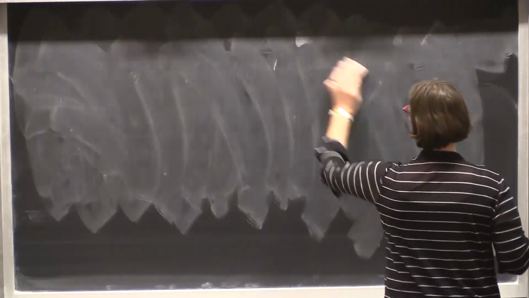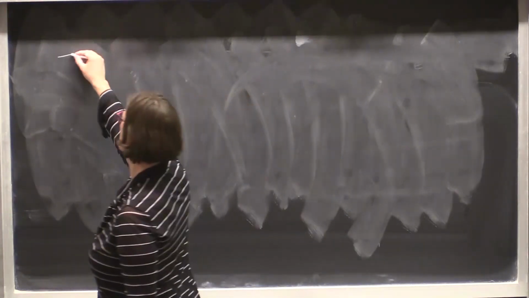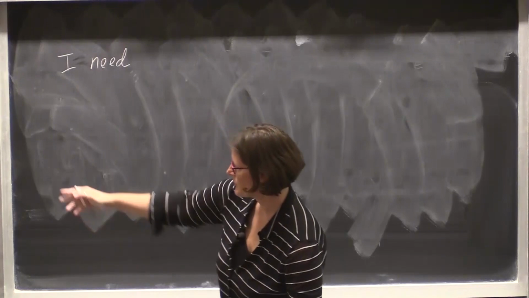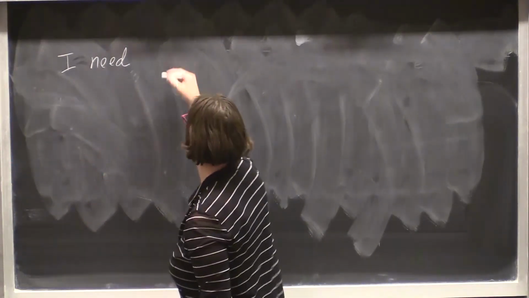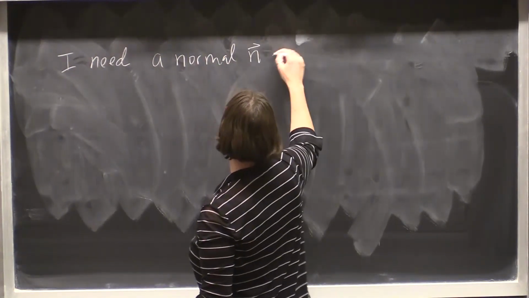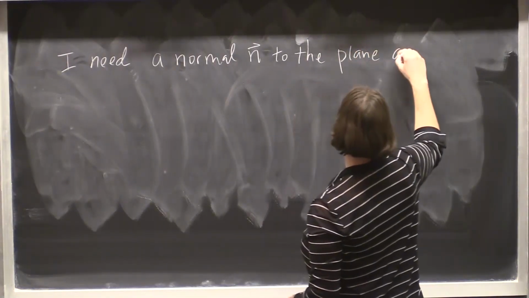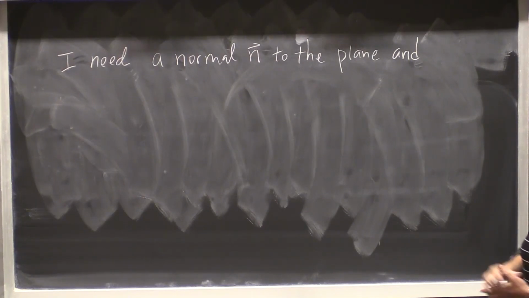All right, so you need a scalar equation. So this means I need, what do I need if I'm going to write this down? A normal to the plane. And what else do I need? A point on the plane.